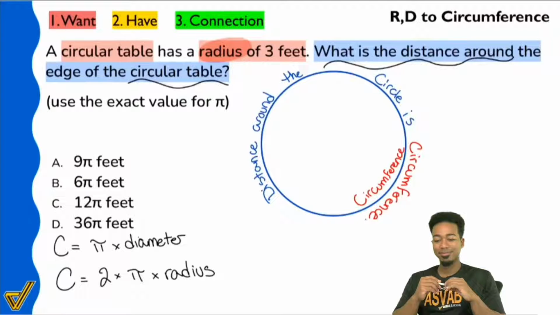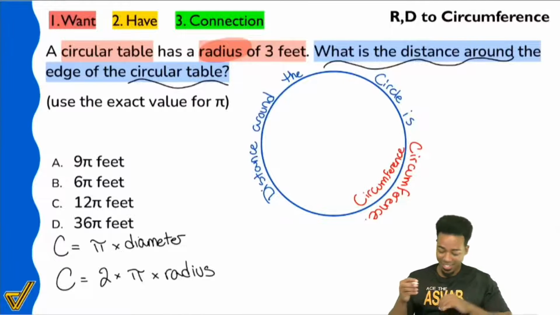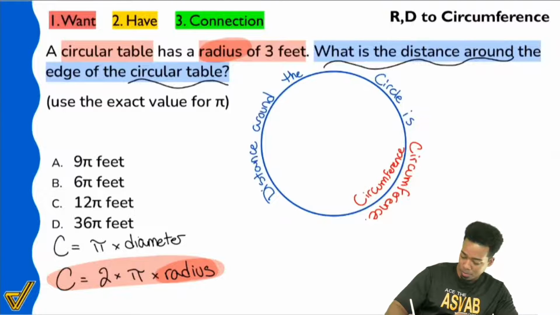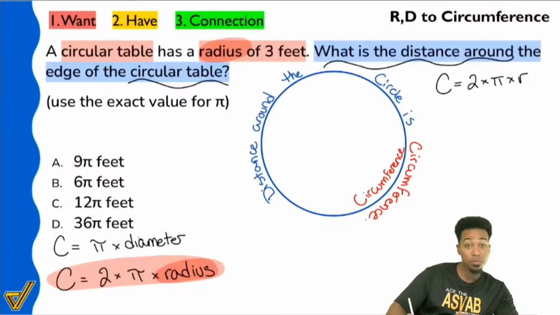This is the one we'll use because we're given the radius. So let's type that out: circumference equals 2 times pi times r. And then just fill in the radius. Plug it in.